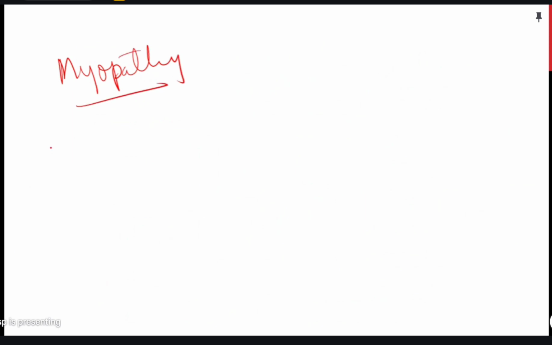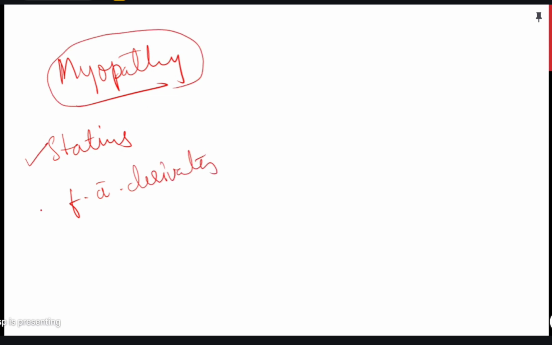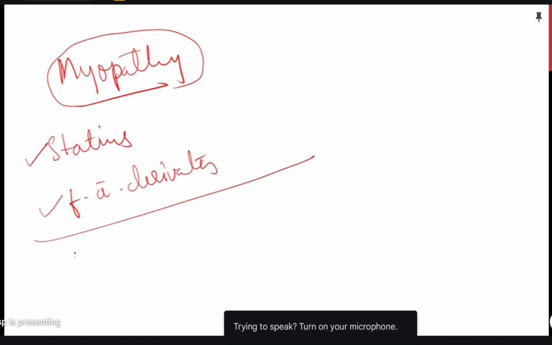Myopathy is not only caused by statins, as we just discussed, it is also caused by fenofibrate, okay, fibric acid derivatives. And there are some other very important drugs that can also cause myopathy.